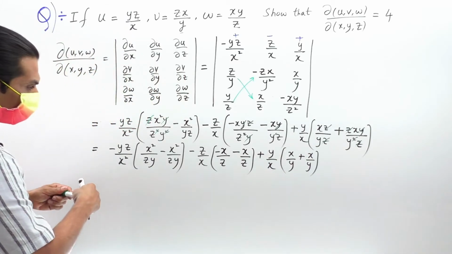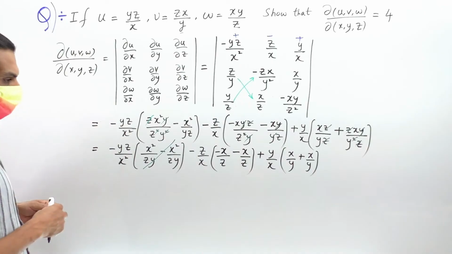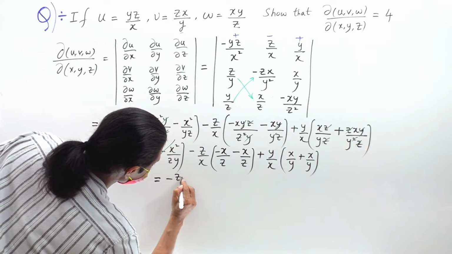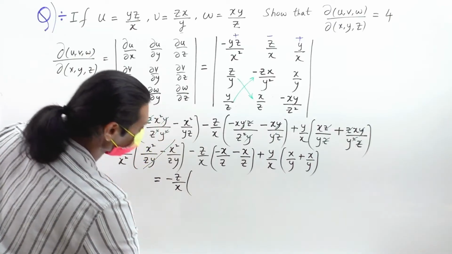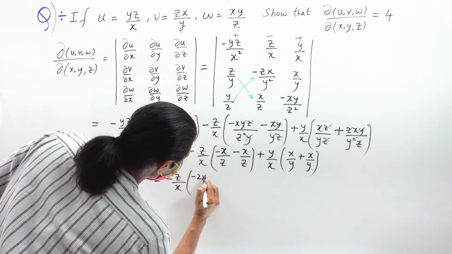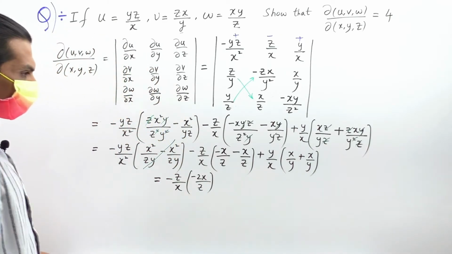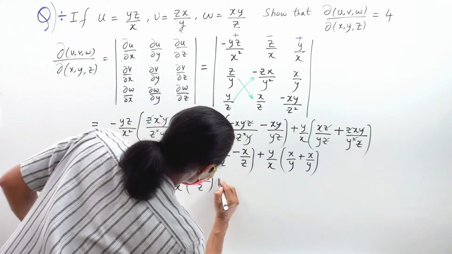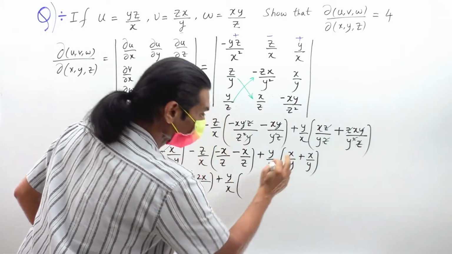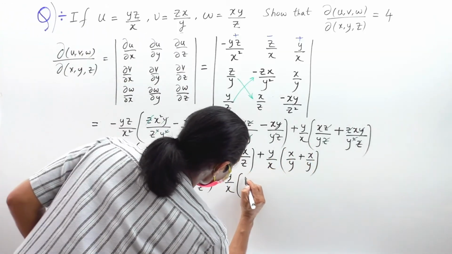Next, again let us simplify this. So here this whole thing x square by zy minus x square by zy cancels. So what remains? Minus z by x into, see, minus x by z is minus 2x by z. Fine. Then again here plus y by x into x by y plus x by y is 2x by y.